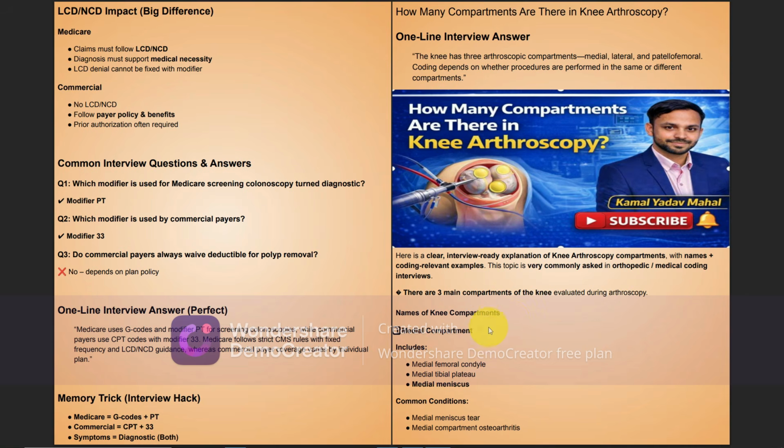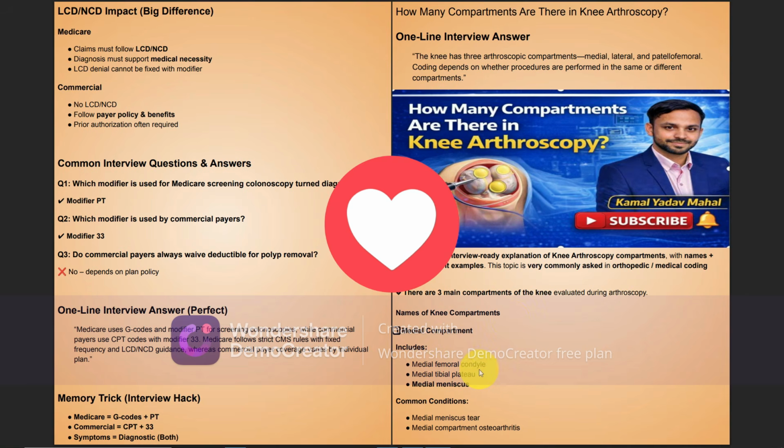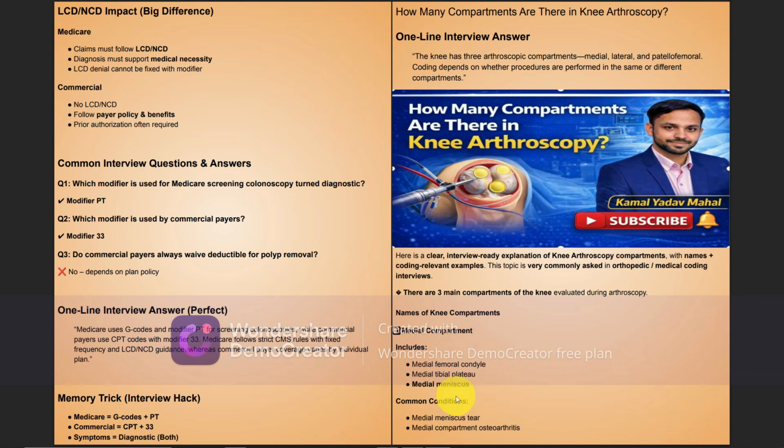Names of knee compartments: the medial compartment includes the medial femoral condyle, medial tibial plateau and medial meniscus. Common conditions and diagnoses are medial meniscus tear and medial compartment osteoarthritis. So these are conditions that happen in the medial compartment.